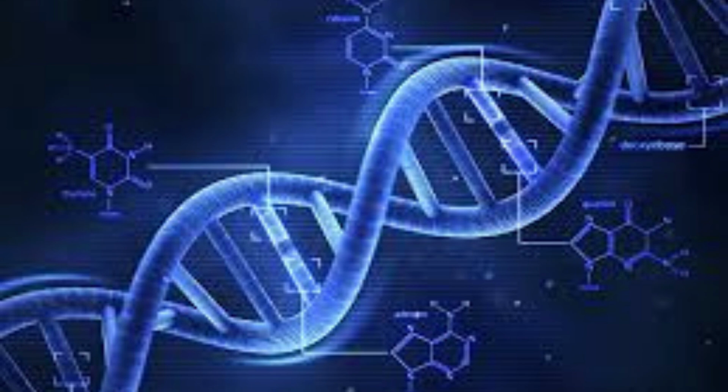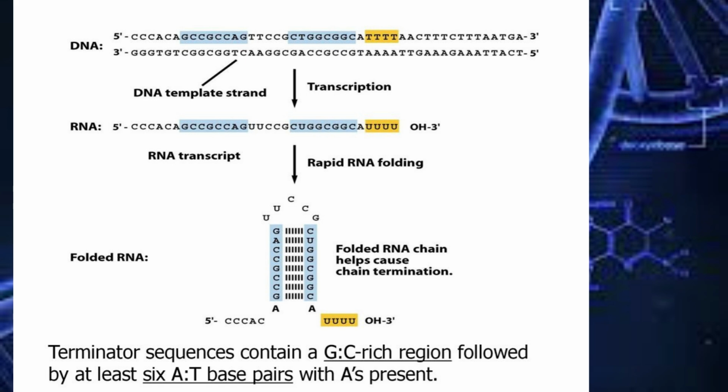Termination happens in the region called the terminator region, which is a region with DNA sequence that indicates the end point of transcription. And we should take note to say the terminator are also copied into the RNA transcript.